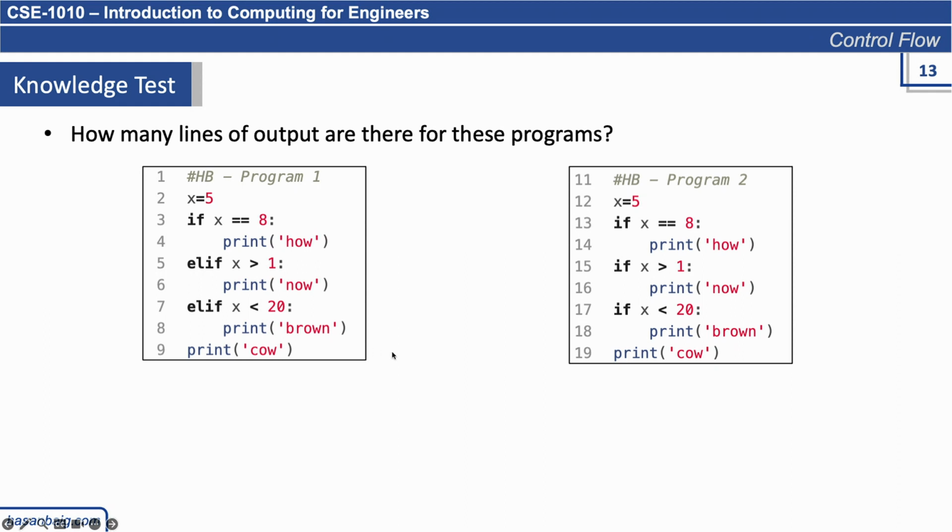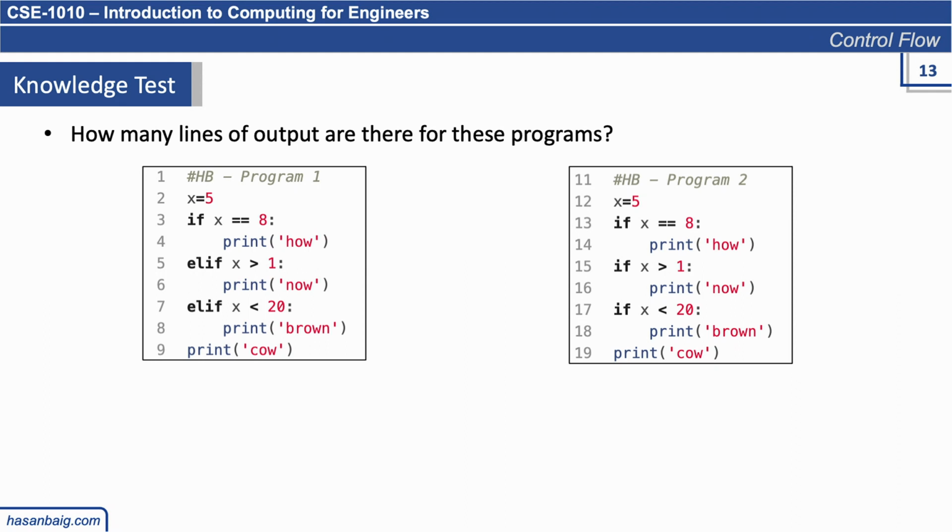Understand? Have a question? You can ask me, because again it is important for your exam as well as from a coding point of view. What about the second one? Program 2. How many lines of code will it print? 3. Which 3?